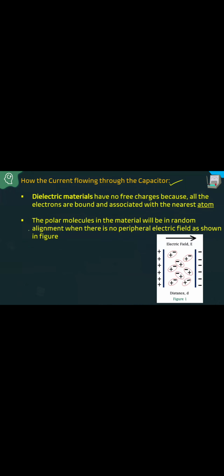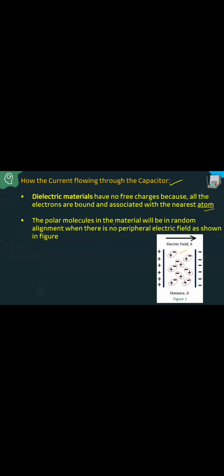See the detailed explanation. The dielectric materials have no free charges. I told already, in between two plates, we are using the dielectric material. These dielectric materials do not have any free charges because all the electrons are bound and associated with the nearest atom. Because the electrons are bound to atoms in insulating or dielectric materials, there are no free charges.